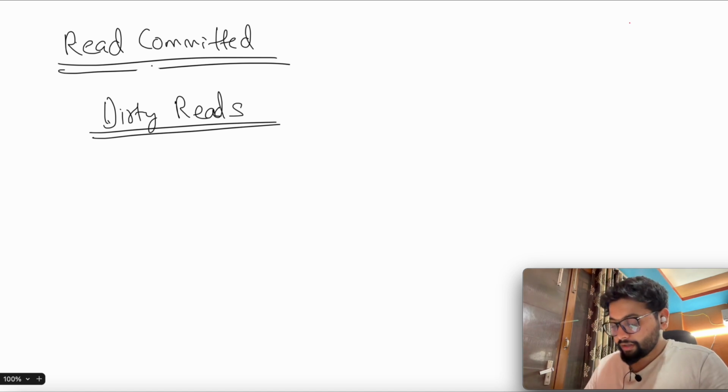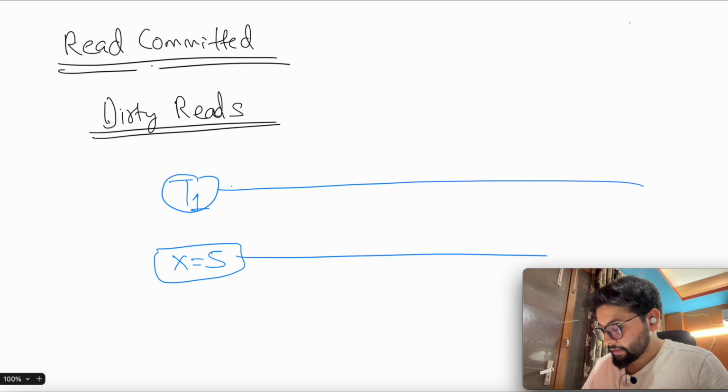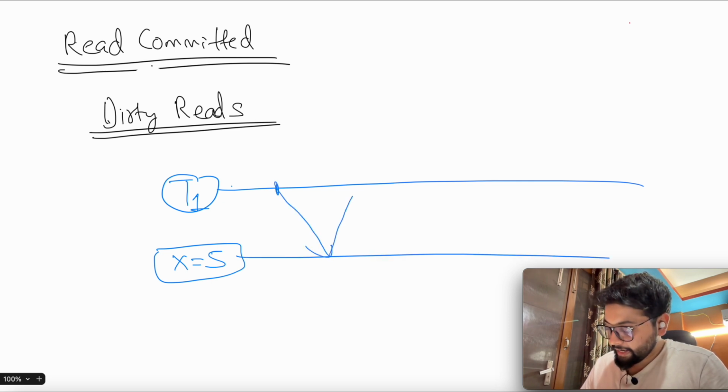We saw this example in our previous use cases in the time series graph as well. I'm going to explain it quickly again. Suppose this is a transaction and this is the data item X, and this transaction is trying to perform a read and some writes on this data item.